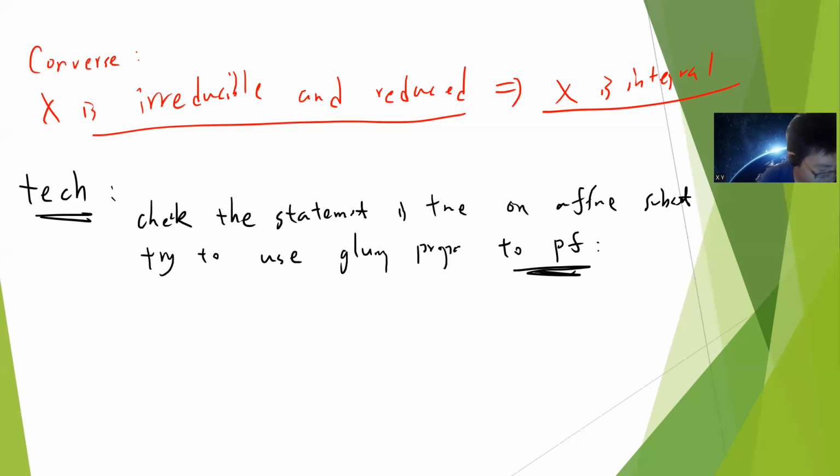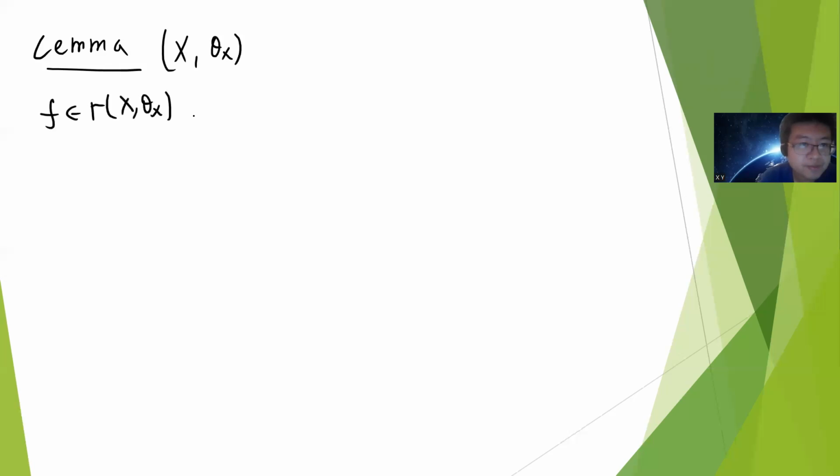In order to do this, we need a very simple lemma. Let me write down the lemma. Let (X, O_X) be a scheme, and take f to be a global section in O_X(X). We can take the definition called X_f, which is the standard notation.